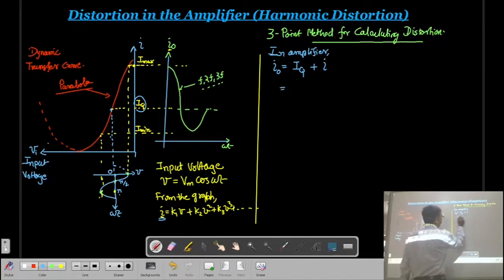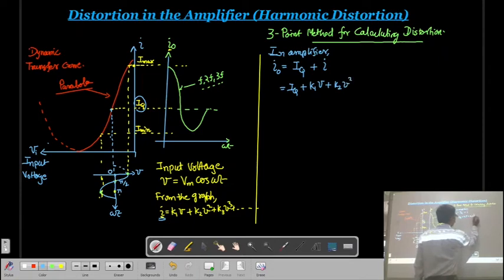Now we can write it as IQ plus I. What is I? It is K1V plus K2V square plus K3V cube and so on. Correct?